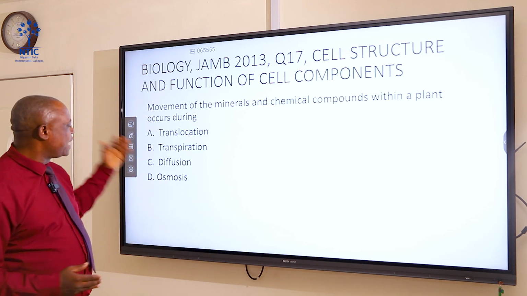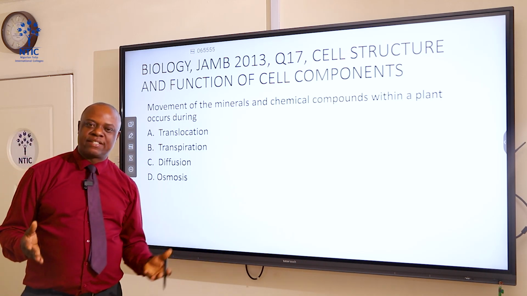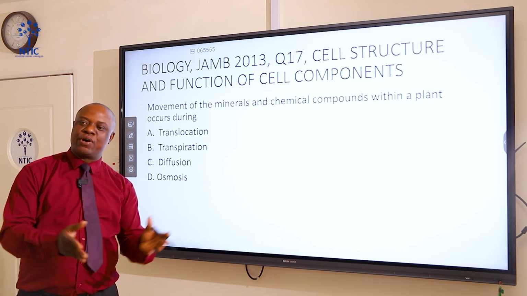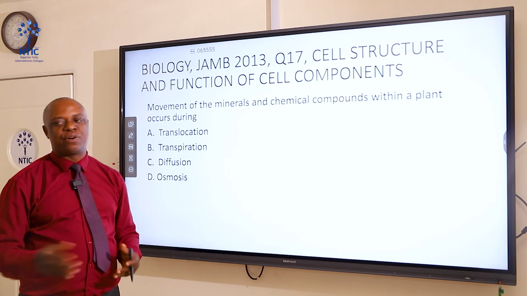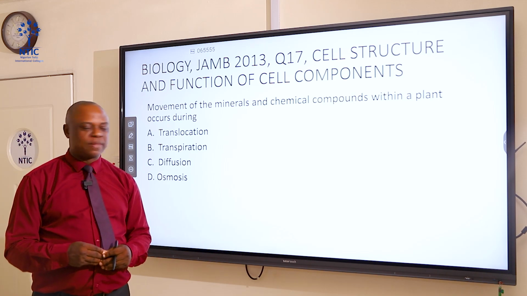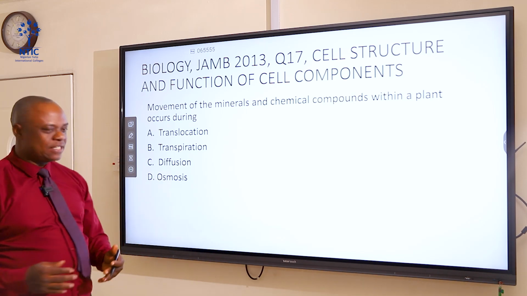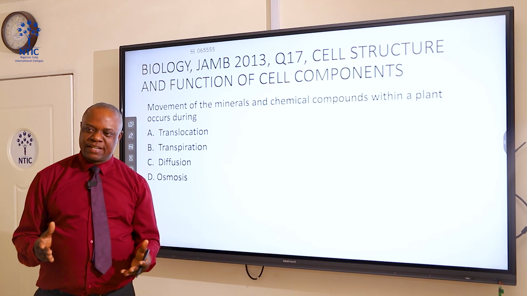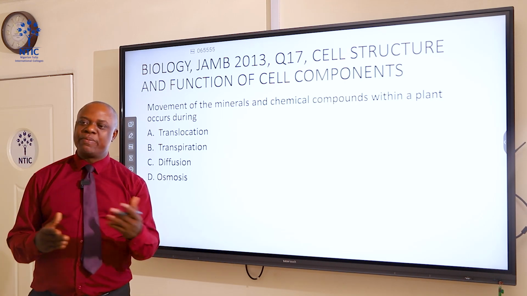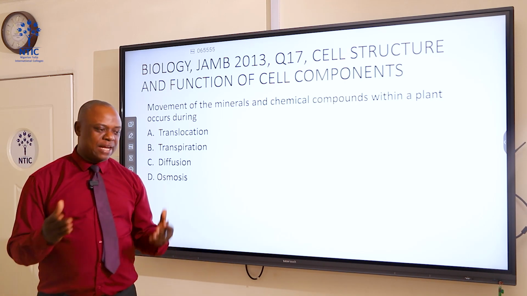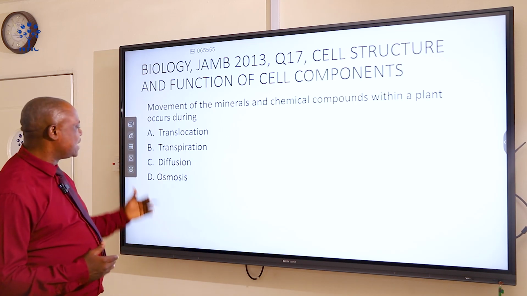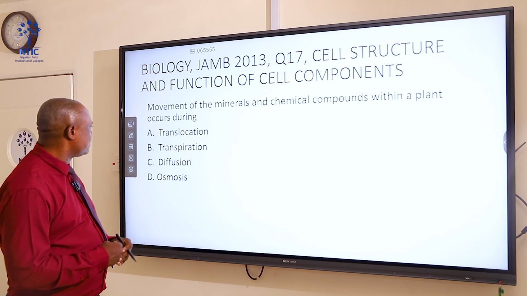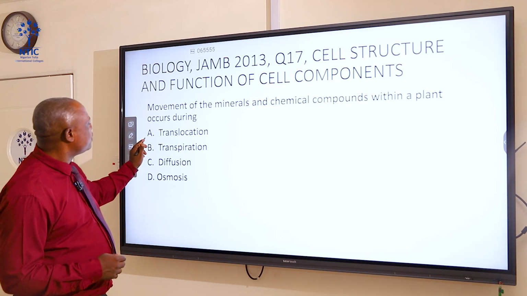Then you have diffusion, movement of materials from the region of higher concentration to that of lower concentration. Then you have osmosis, the movement of solvent across semi-permeable membrane. And the solvent usually is water, liquid substance. Now, here you have translocation.